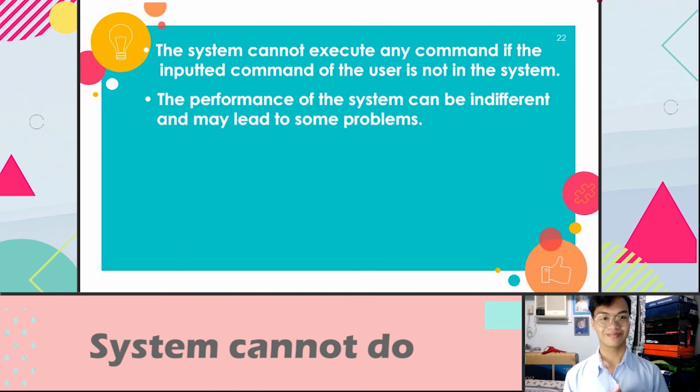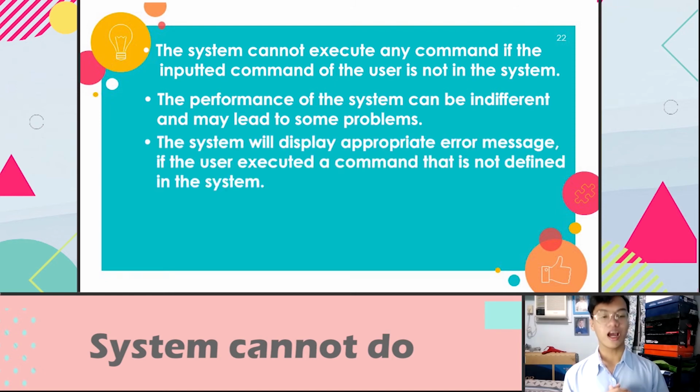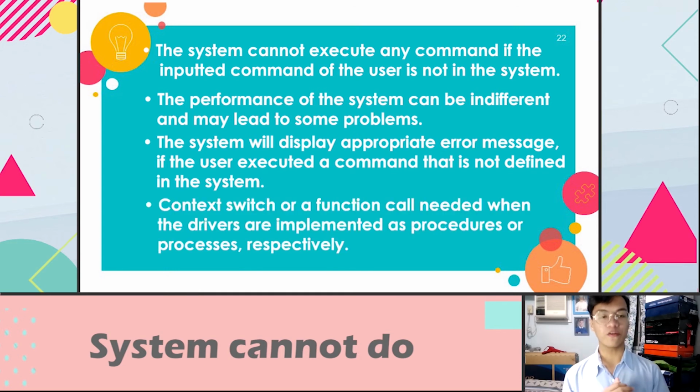Third, the system will display an appropriate error message if the user executes a command that is not defined in the system. Lastly, a context switch or a function call is needed when the drivers are implemented as procedures or processes respectively.